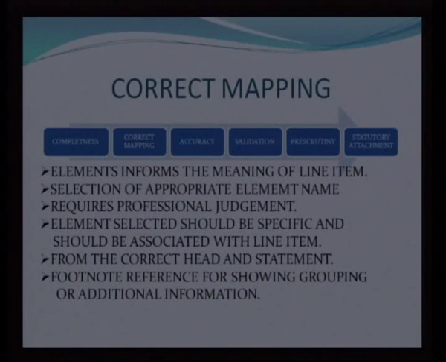More than 3,500 tags are already available in the taxonomy. But if the exact tag is not available, then kindly select the next best and provide information in a footnote on why you have not used a particular tag and why you have used another.